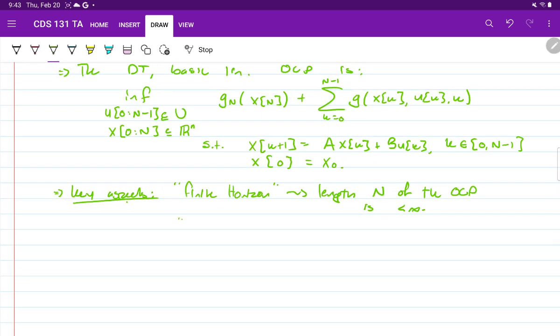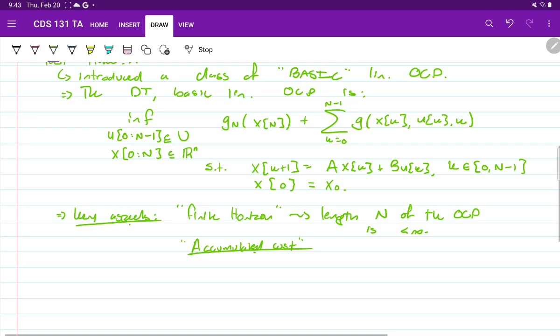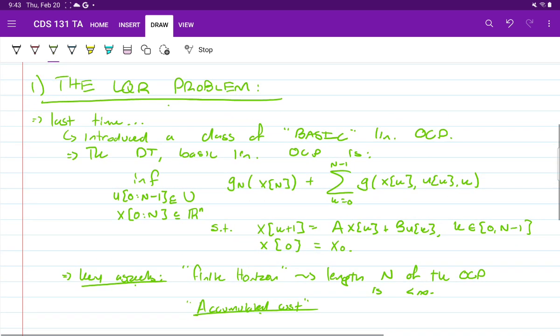Now, what else do we have? Well, we also had the structure of accumulated cost, okay? Where we have this sum term that we build up over the horizon, right? And this particular structure of accumulated costs was particularly amenable to solution techniques such as dynamic programming, right? Which we'll review in a few moments once we start talking about this LQR problem.